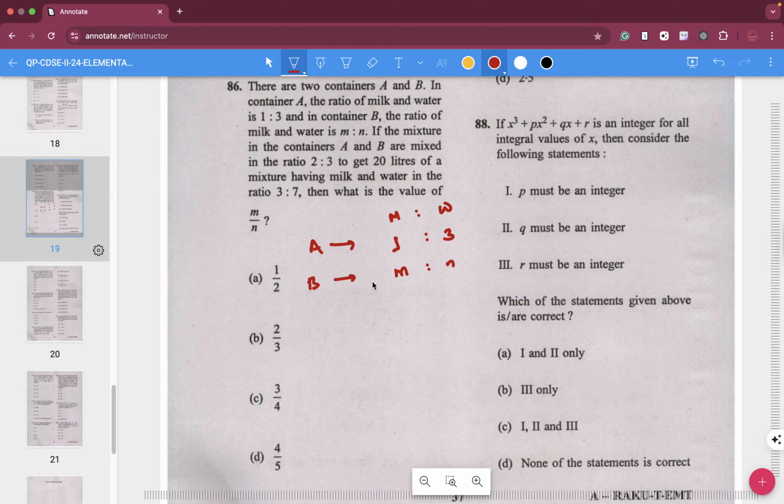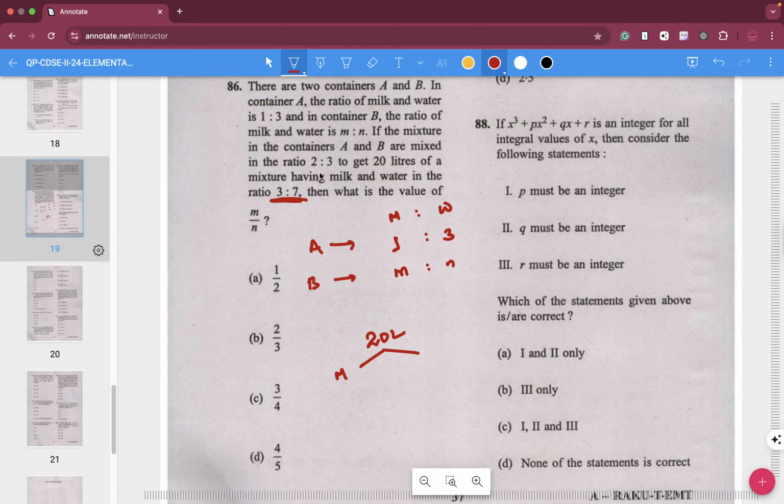If the mixture of the container A and B are mixed in a ratio to get 20 liters of a mixture having milk and water. So the mixture is 20 liters, and in that mixture, the ratio of milk and water is 14 and 6.